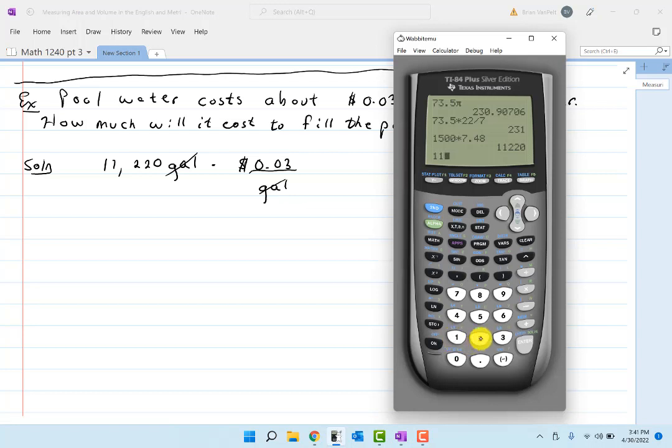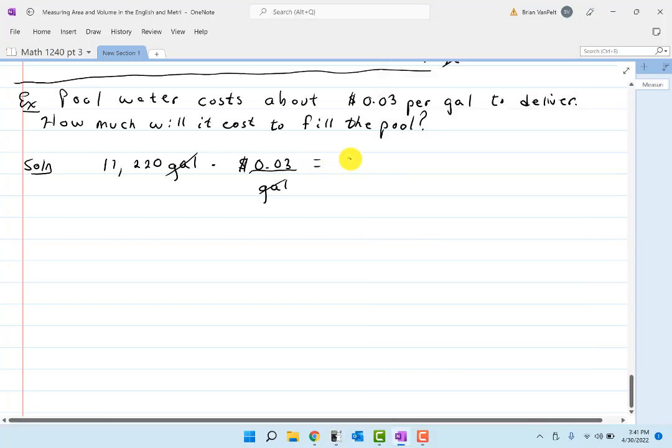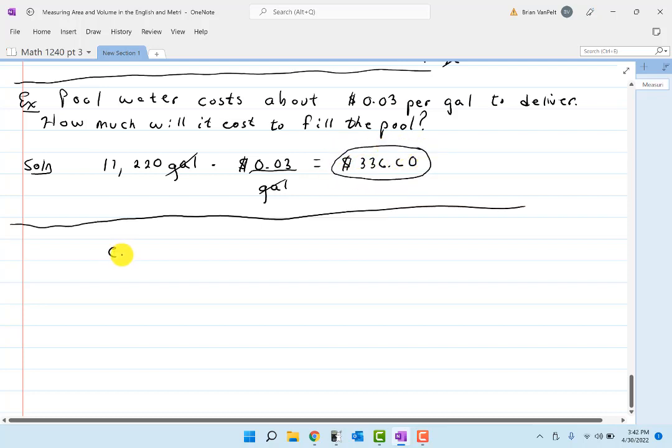So 11,220 times 0.03, and I get 336.6. This ends up being $336.60.